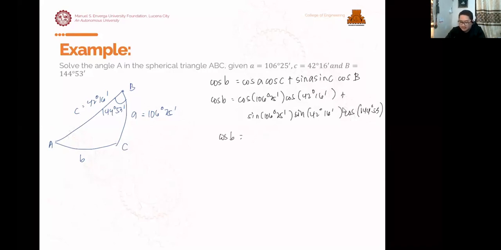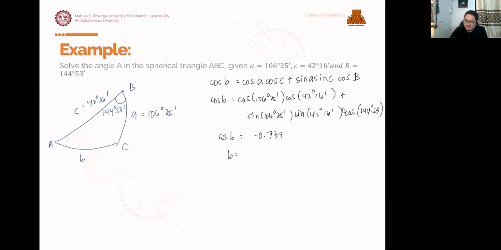So we have cosine of 106 degrees, 25 minutes, cosine 42 degrees, 16 minutes, plus sine of 106 degrees, 25 minutes, sine of 42 degrees, 16 minutes, and cosine of 144 degrees, 53 minutes. So we will have a value of negative 0.737.